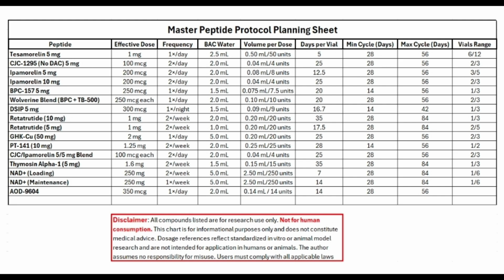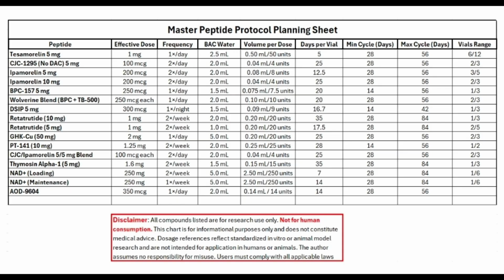I'm just going to go through Tesamorelin just to give you an idea of how this sheet works. 5 milligrams of Tesamorelin, the effective dose of Tesamorelin is 1 milligram per day. And for some people, I know some people run 2 milligrams, 3 milligrams of Tesamorelin.